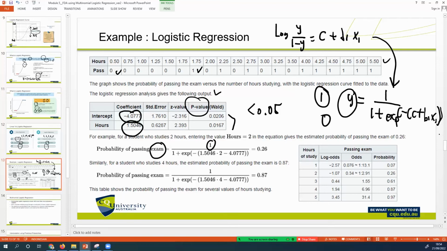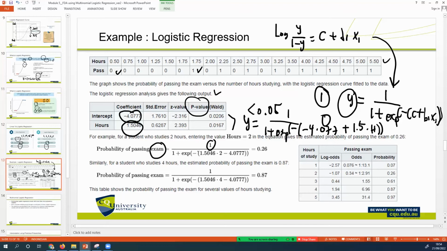So we see that the probability of passing the exam with the model y is equal to 1 divided by 1 plus exponential by the power of minus, 4.077 plus 1.5 times hour.